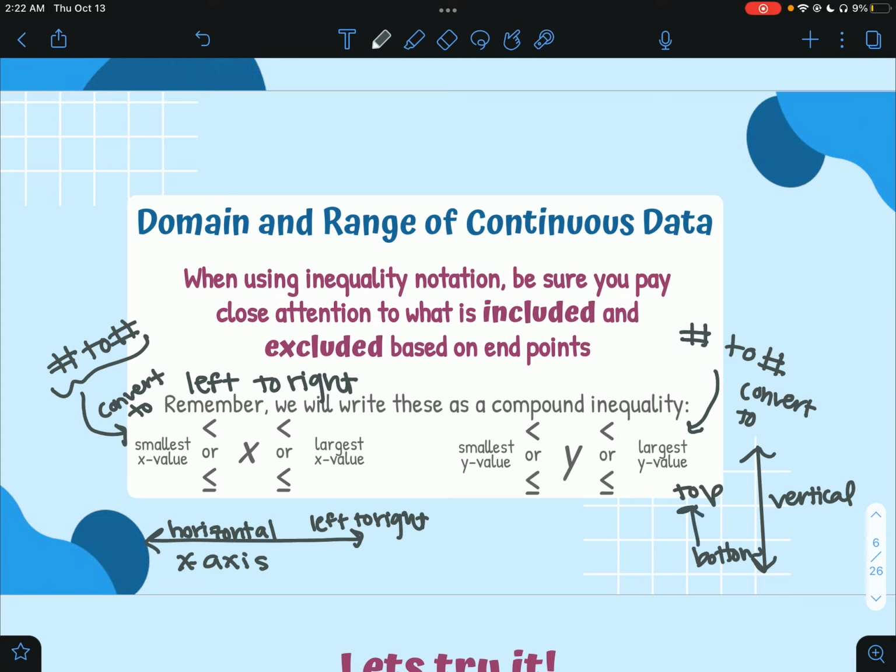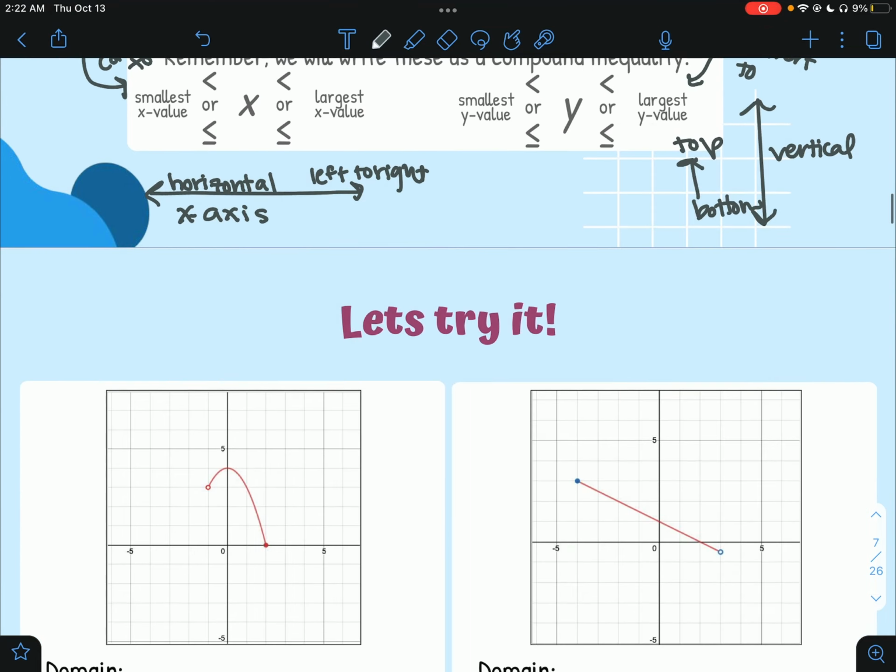And the reason I say bottom to top and not top to bottom is because remember, we always want to arrange these from smallest to largest. Our best practice is from smallest to largest. So let's try it.